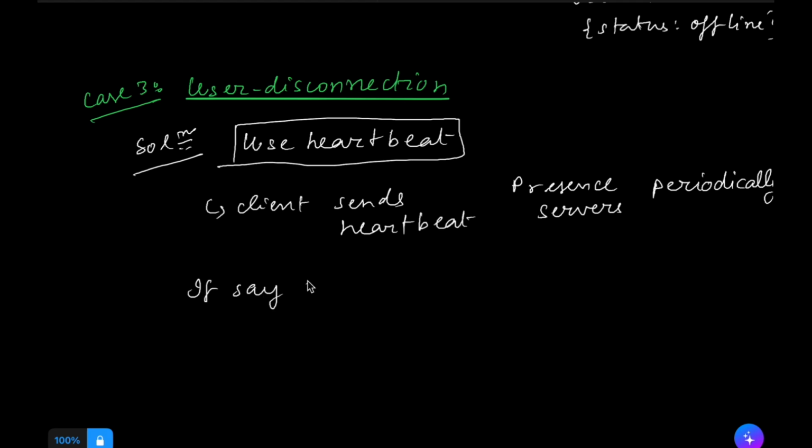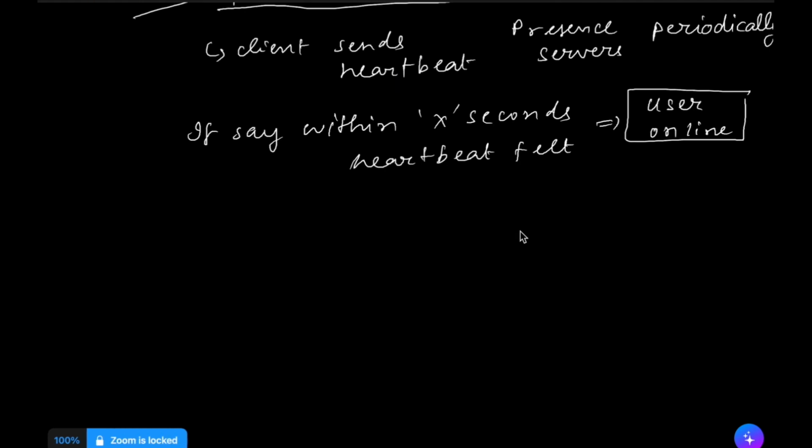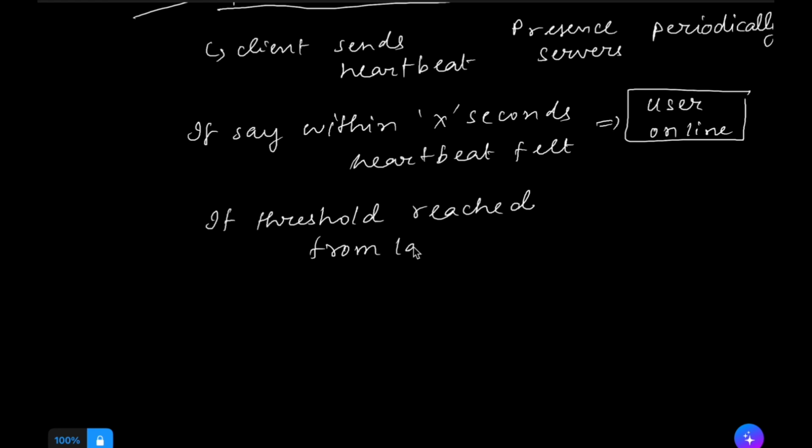If, say, within X seconds a heartbeat is received, presence servers indicate that the user is online, and if the threshold is reached from the last heartbeat, it indicates the user is offline.